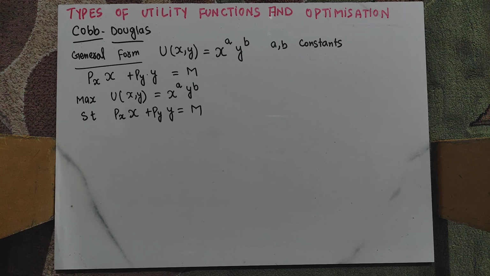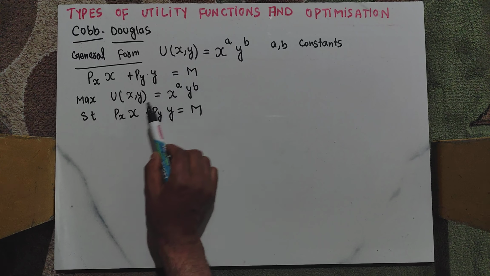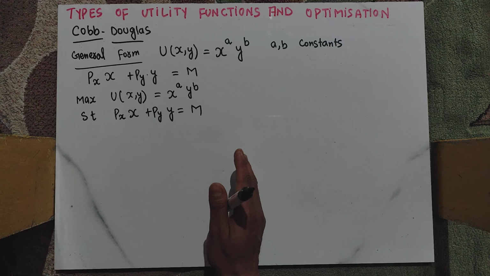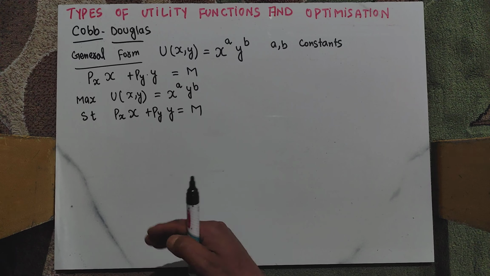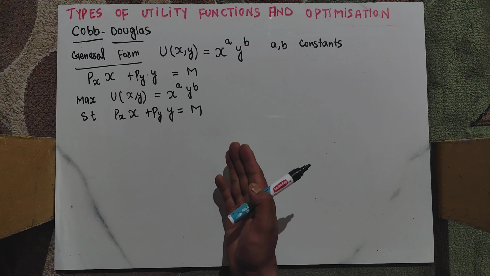So our problem is, in case of the Cobb Douglas utility function, we need to maximize the utility subject to the budget constraint. Okay, having said that, what we are going to do here is find out the optimal bundle that the consumer will choose.